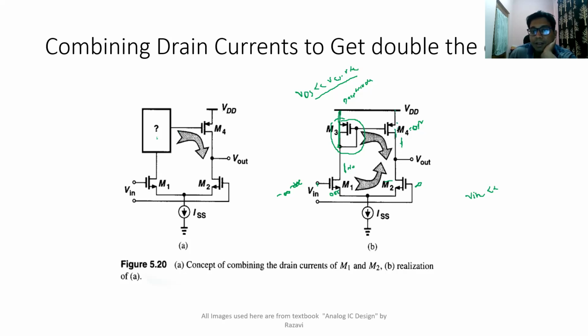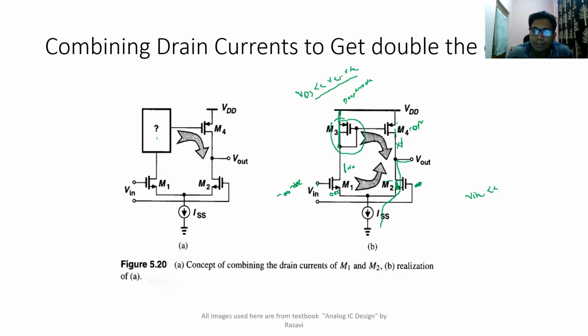But here, because this M2 is connected to a very high voltage, which is almost infinity, M2 is permanently on. So if M2 is on, it will short this terminal to ground. You have this transistor which is on but not conducting, meaning there is no current flowing here.